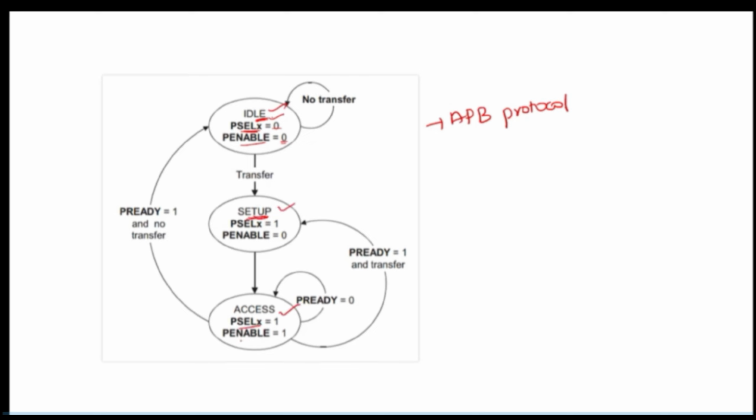Based on the select and enable inputs, the states change from one state to another, from idle to setup, and from setup to access. Again from access it will move to either idle or something else. So based on the sequence you are giving, it moves from one state to another. These are called conditions. Hope you got an idea of what this is.